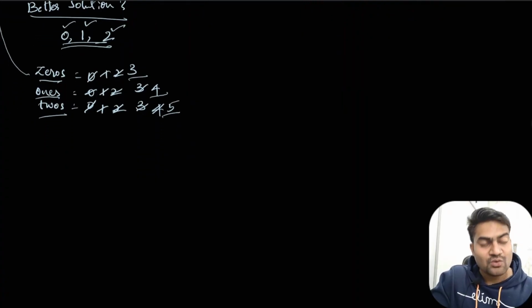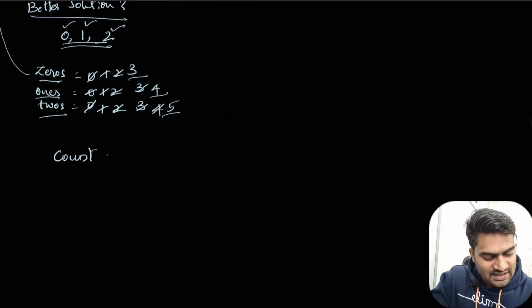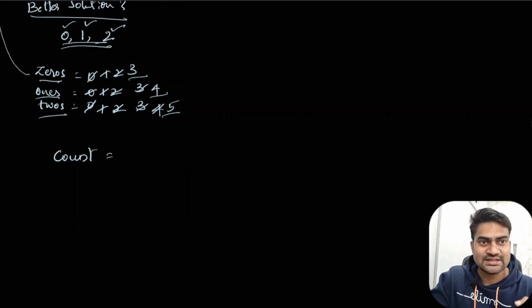Now I will take the count variable and consider it as an array of 3 values. Index 0 represents the number of 0's, index 1 represents the number of 1's, index 2 represents the number of 2's.